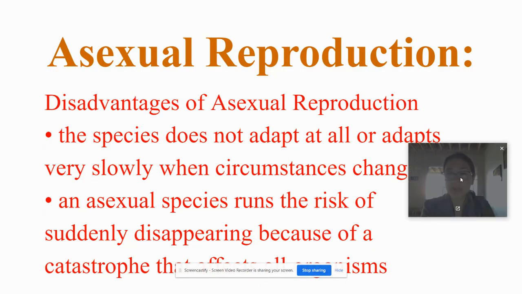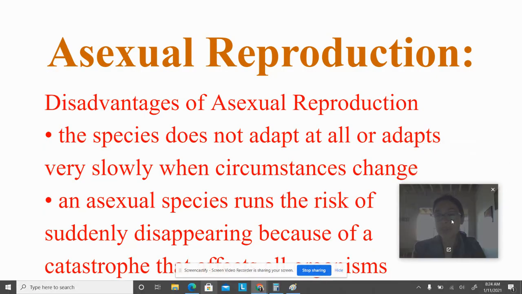Okay, so some disadvantages of asexual reproduction, that means bad things about it, things that aren't so good, is that the species does not adapt, or adapts very slowly, to circumstances changing. So what that means is that it runs the risk of suddenly disappearing because of a catastrophe.